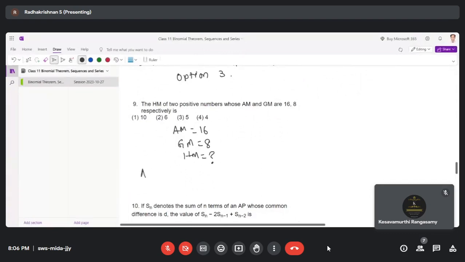AM into HM equal to GM square. Very good. So that is all you have to do. Very good. So what are we getting for HM now? 4. Your option number 4.